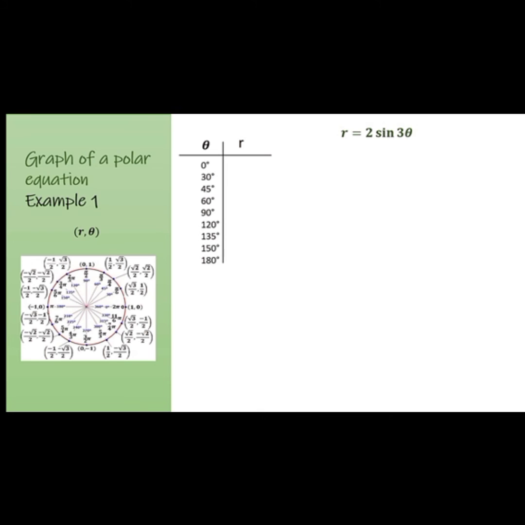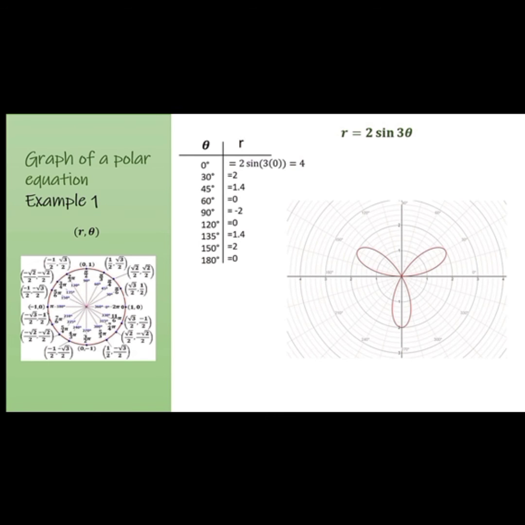We substitute in the equation and we have the results 4, 2, 1.4, 0, minus 2, 0, 1.4, 2, 0. Finally, we graph. We put the equation and we obtain the line. We have a rose with 3 petals.